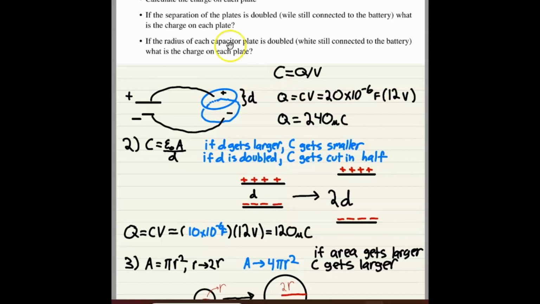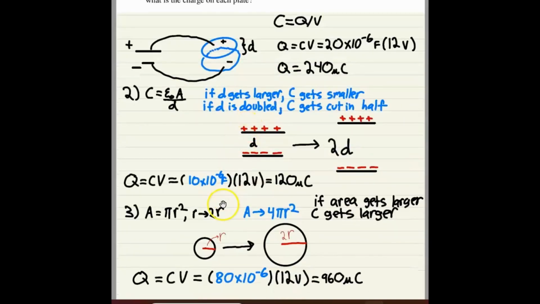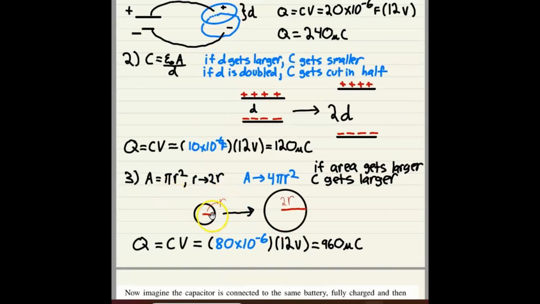Part 3, if the radius of each capacitor plate is doubled, what is the charge on each plate? So now each one of the plates, the radius is doubled. The area is going to get bigger. Area is pi r squared. That's the area of a circle. If the radius goes from r to 2r, the area is multiplied by a factor of 4.